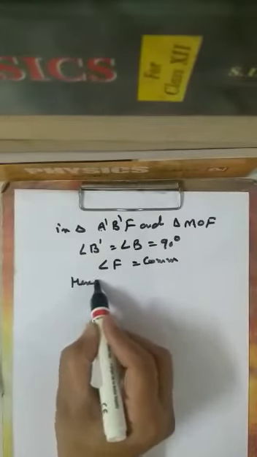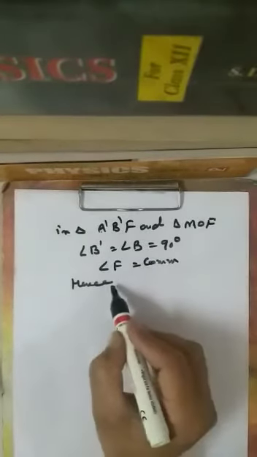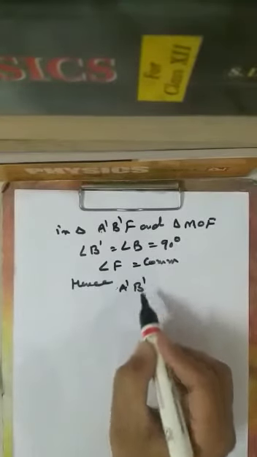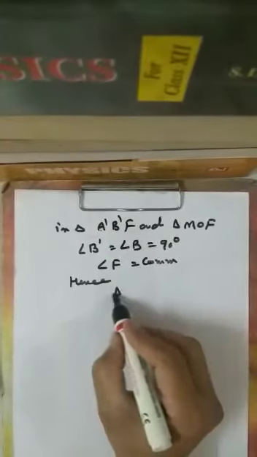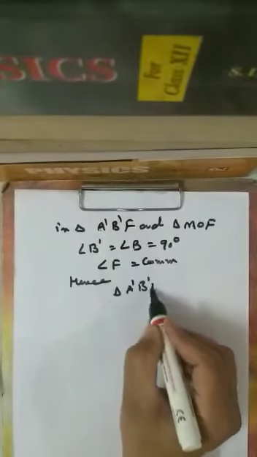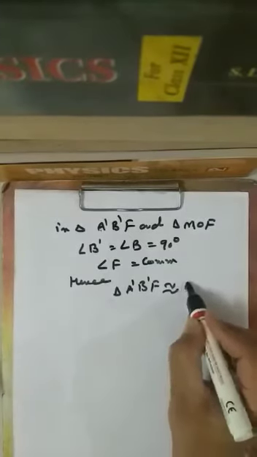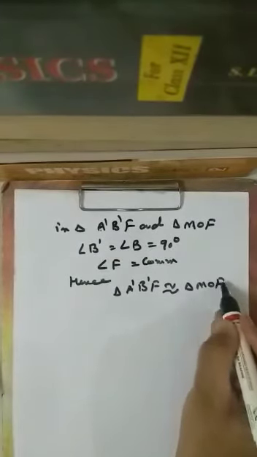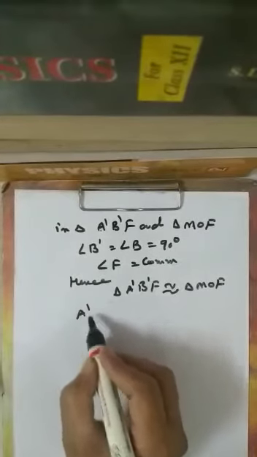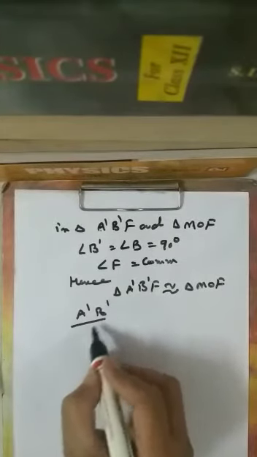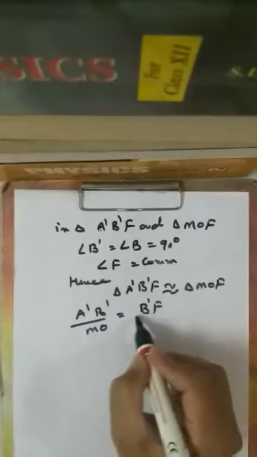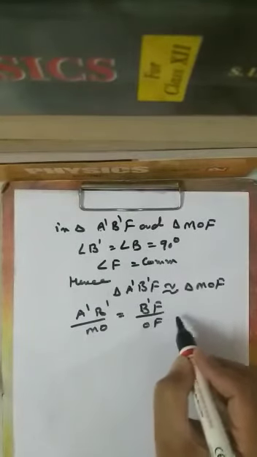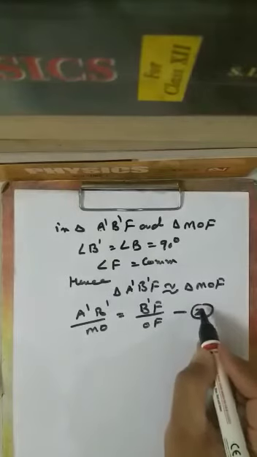Hence triangle A dash B dash F is similar to triangle MOF. So we can write A dash B dash upon MO is equal to B dash F upon OF, equation number 2.